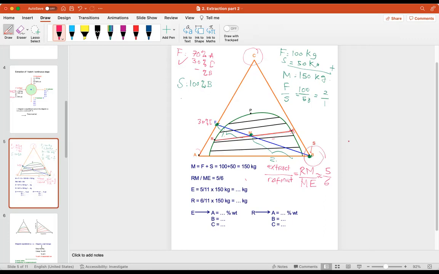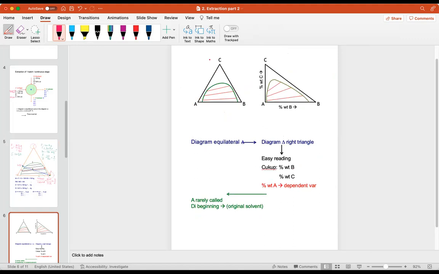We don't really see the A, because we can get the composition of A by finding the composition of C and B. Because of that, if you look at the next slide, rather than using the equilateral triangle, we shift them into a right angle triangle, an isosceles right triangle.